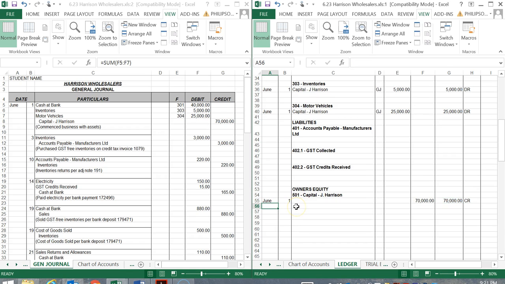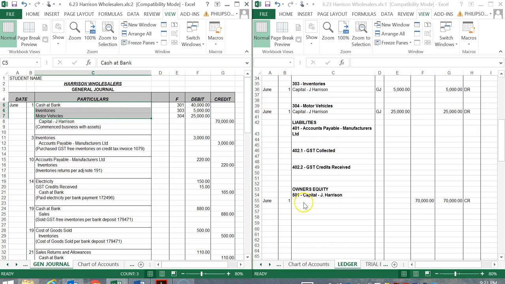In the past, we might have put in cash at bank, inventories and motor vehicles, and we can still do that. But this is on the credit side of the journal entry, so our particulars would be what's on the debit side of the transaction, which are these three accounts.